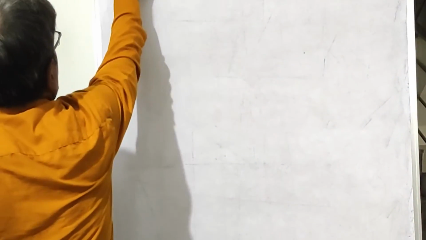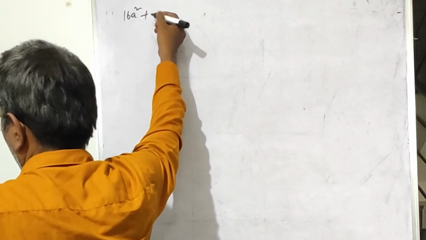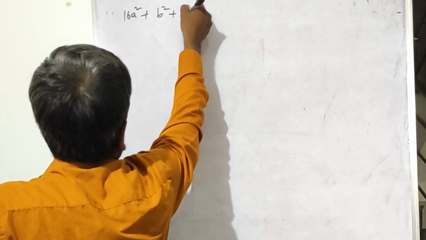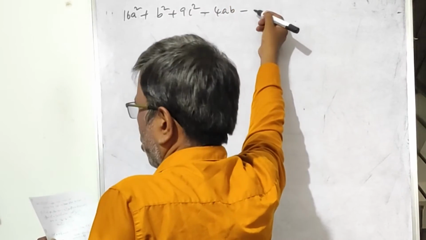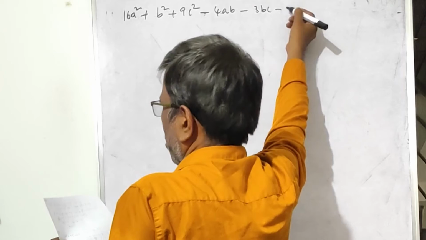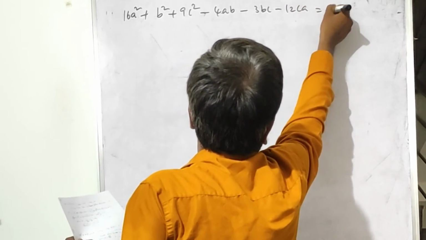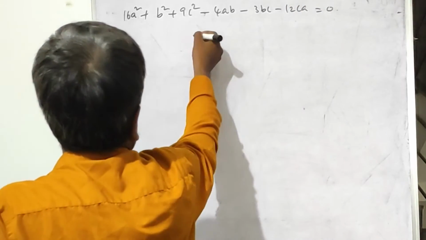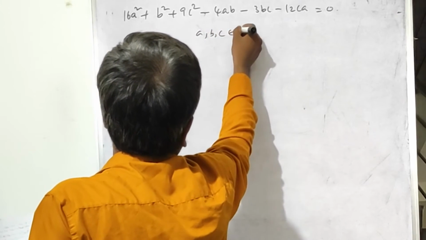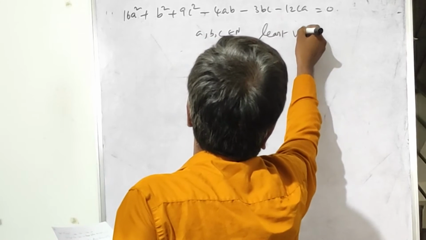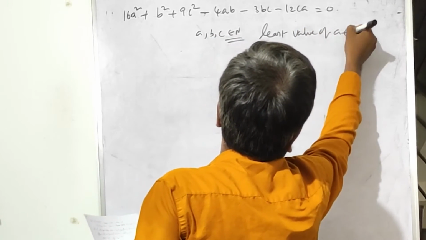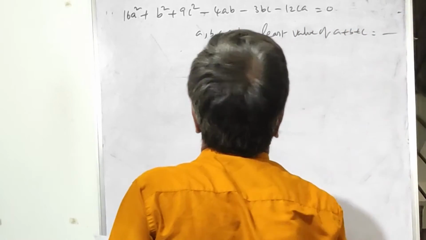The question is given like this: 16a square plus b square plus 9c square minus 4ab minus 3bc minus 12ca equals 0. Here also a, b, c belong to natural numbers. Find the least value of a plus b plus c.